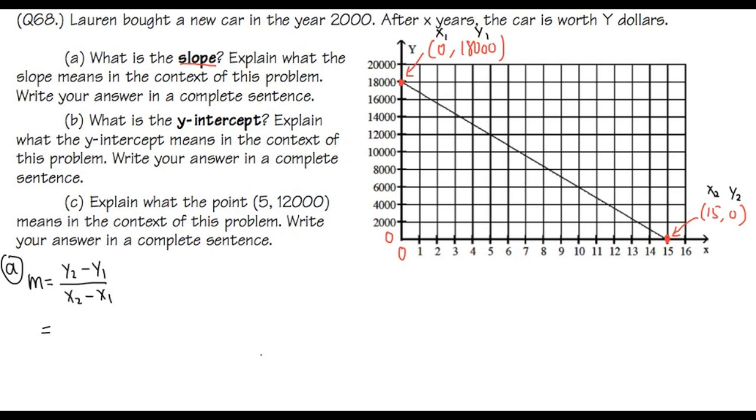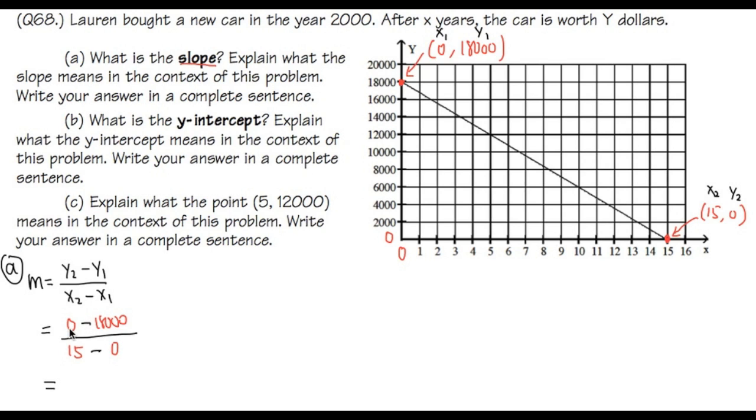So y2 is equal to 0, so let me put a 0 right here, and then minus y1, which is 18,000, so that goes right here, over x2, which is 15, minus x1, which is 0. So we have this, and that will be the setup.